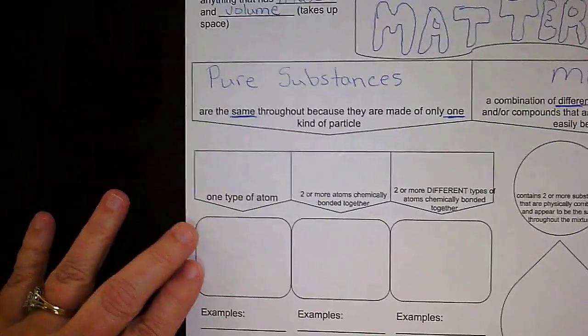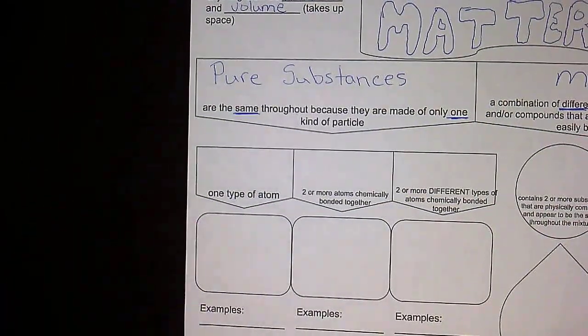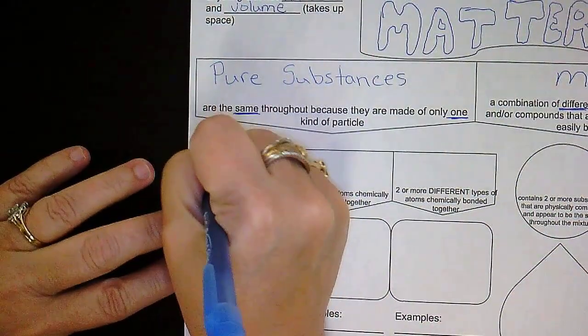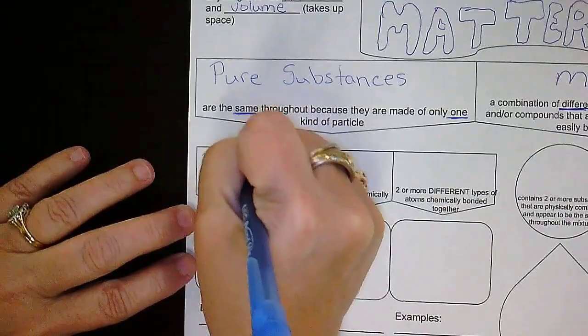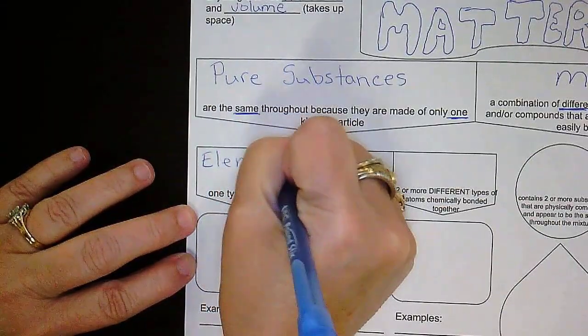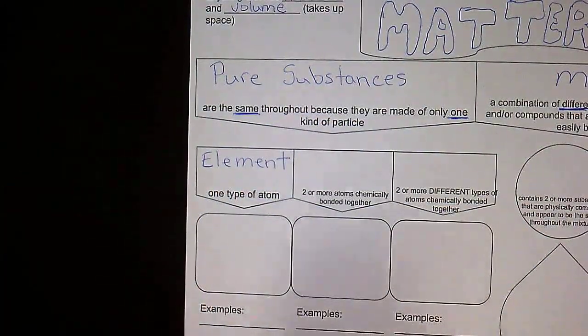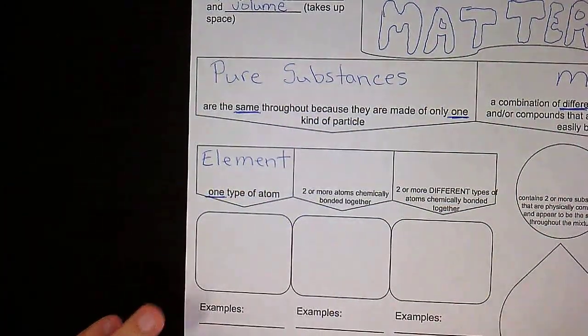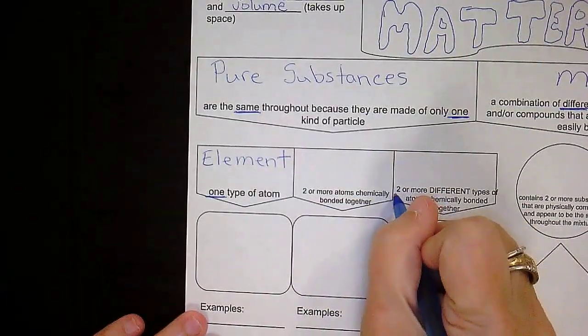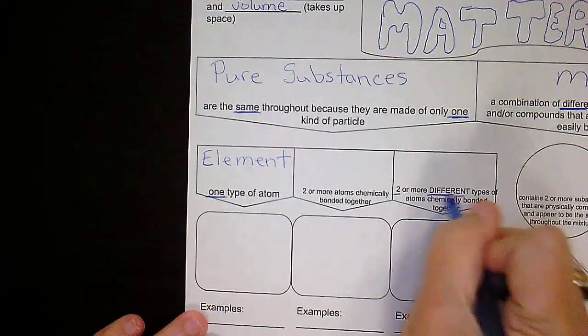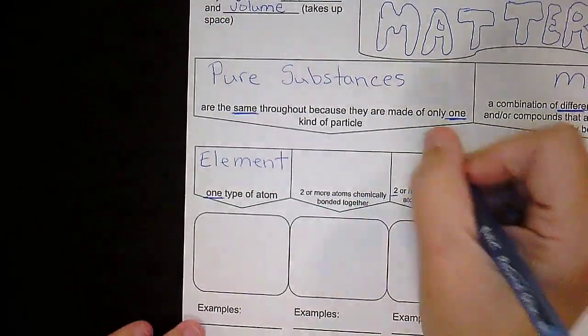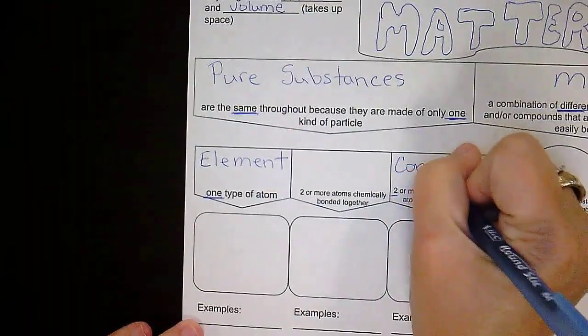So on the pure substances, if a pure substance only has one type of atom, we say it is an element. And if we have something that has 2 or more different types of atoms, we call that a compound.